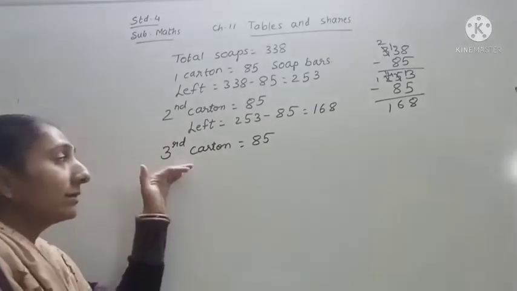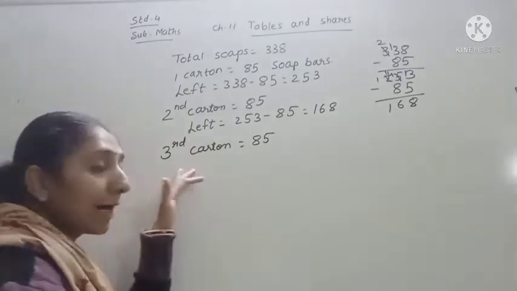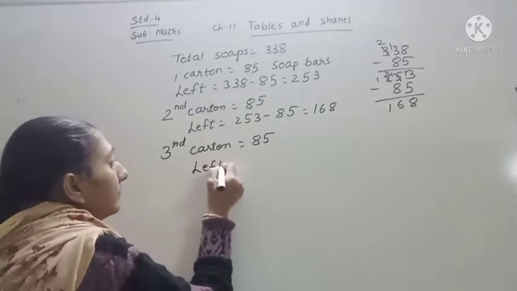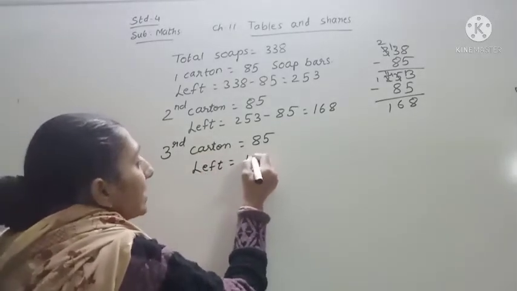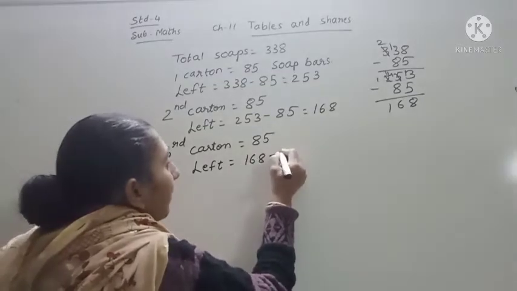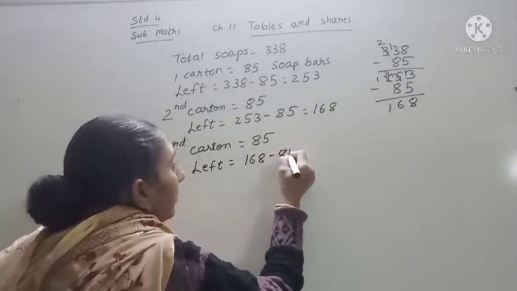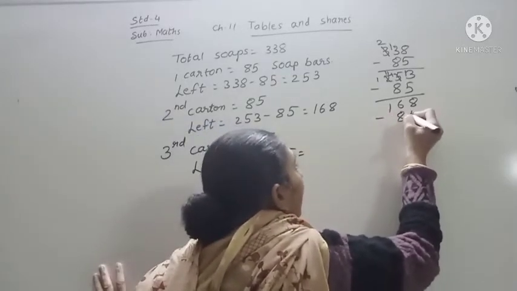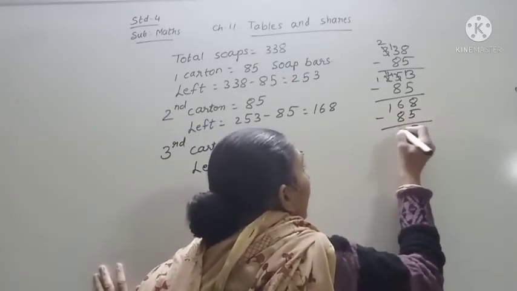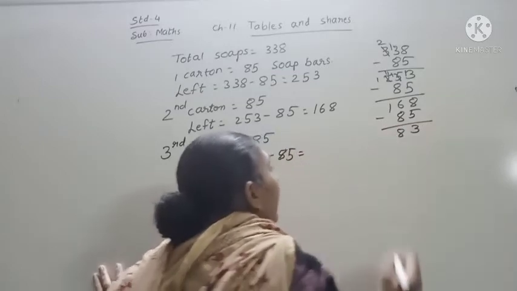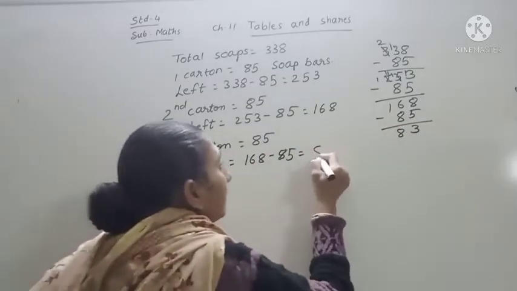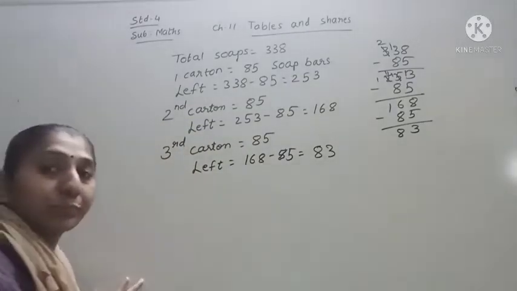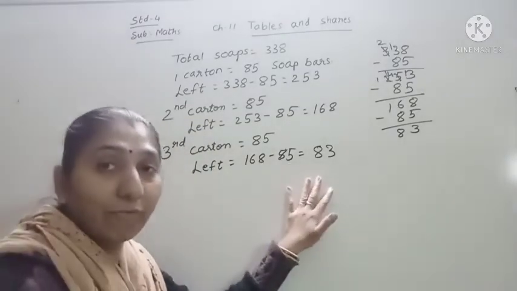So now after packing the third carton, how many are left with her? 168 minus 85 is equal to 83. Now 83 are left.